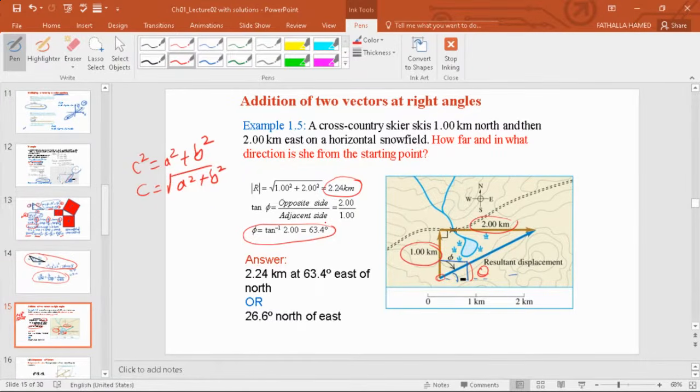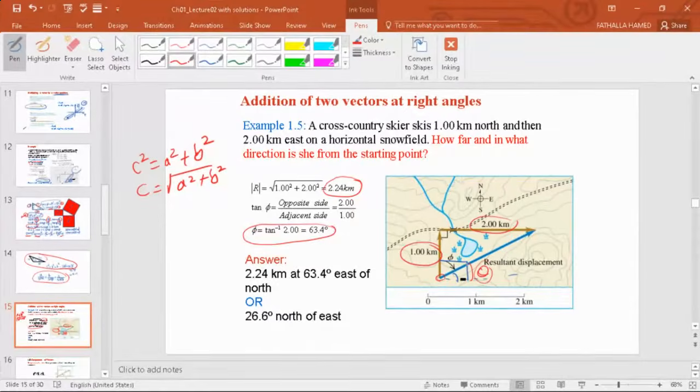So now you can say that relative to the starting point, you are 2.24 kilometers away at an angle of 63.4 east of north, because this is your north, and you go east to measure this.